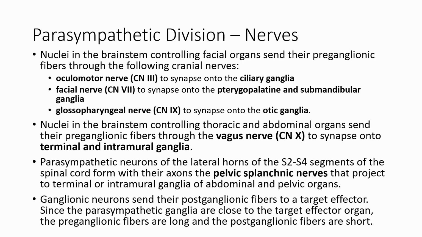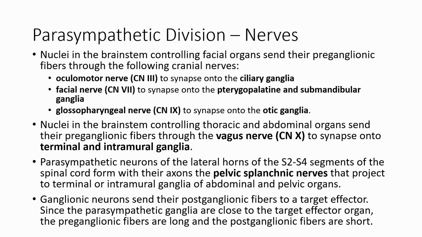So those nuclei in the brainstem, when they're controlling facial organs, they're going to send fibers through the following cranial nerves: the oculomotor nerve, which will synapse into the ciliary ganglia; the facial nerve, which will synapse in the pterygopalatine and submandibular ganglia; and then the glossopharyngeal nerve, which will synapse to the otic ganglia.